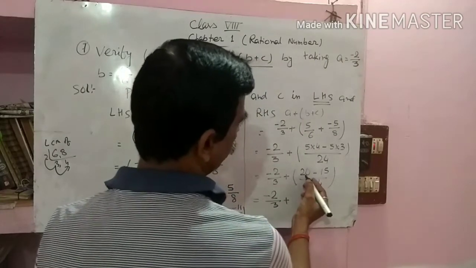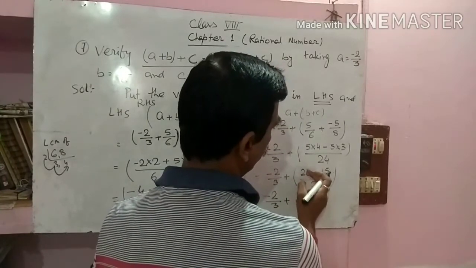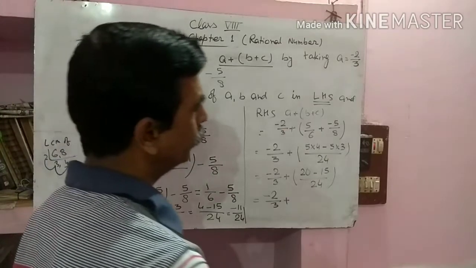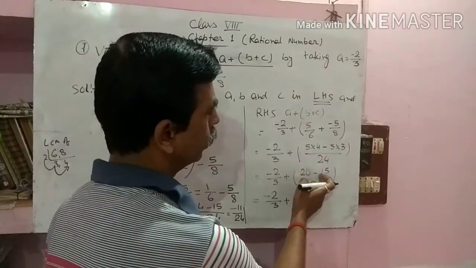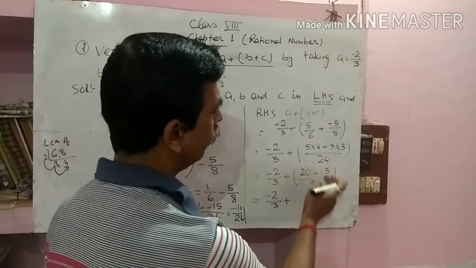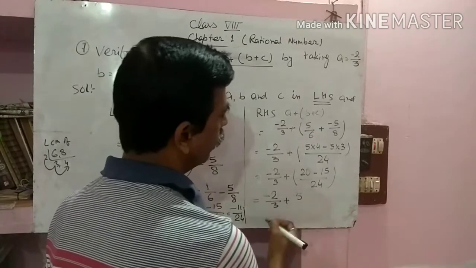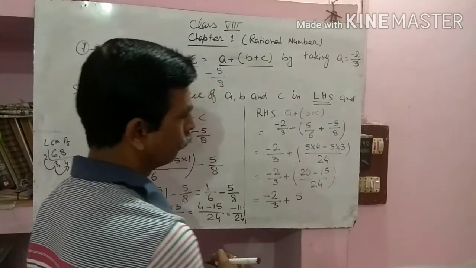plus, this one is positive, this one is negative, so we have to subtract that one. Same sign is going to add and different sign is going to subtract. The signs are different, this is positive, this is negative. So we have to subtract the smaller value from the bigger one. What will we get? 5, and the sign of the bigger one, which is positive.